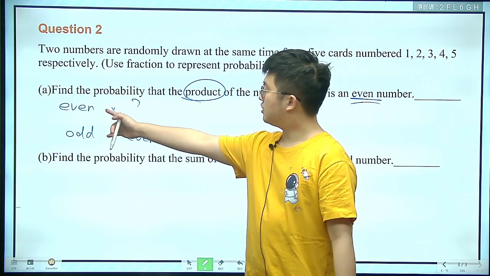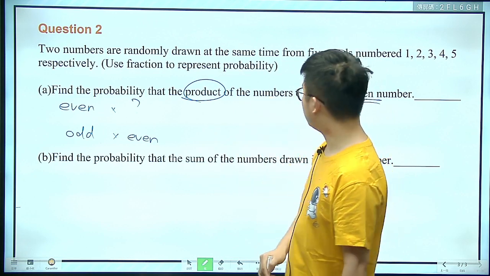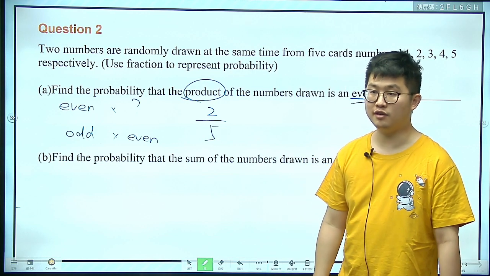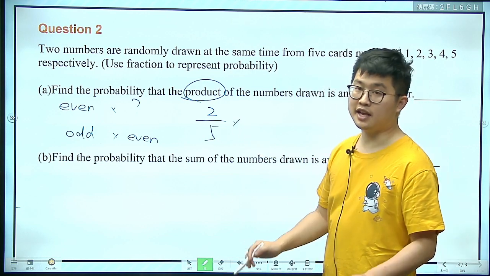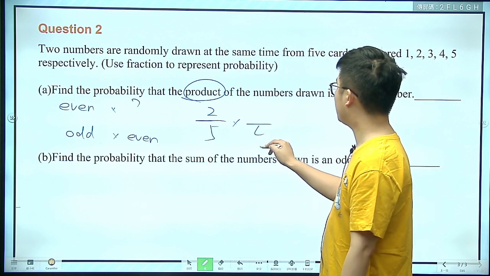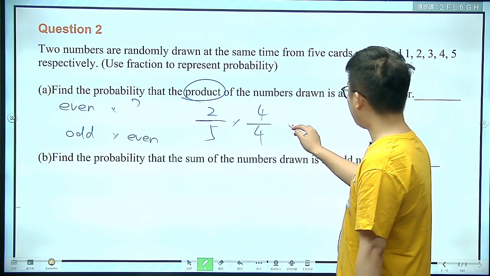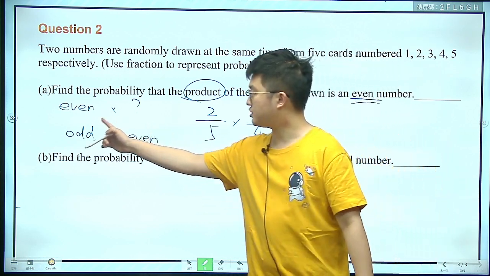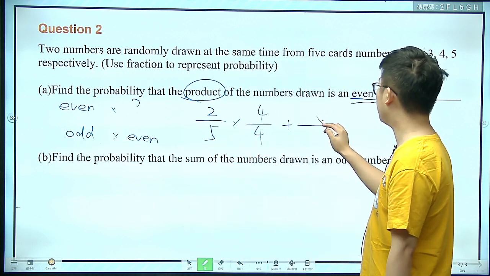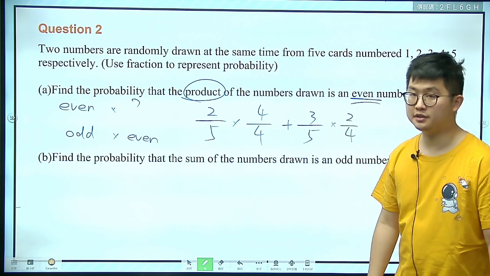So in this scenario, we draw an even number in the first place. So there are 2 over 5. Then the second card doesn't matter. There are 4 numbers left, and all of them are suitable. And we need to add up the chance for this: if we pick an odd number in the first place and an even number in the second place.